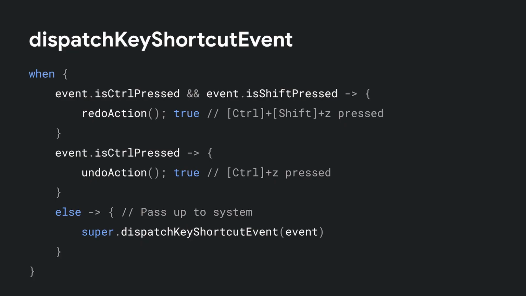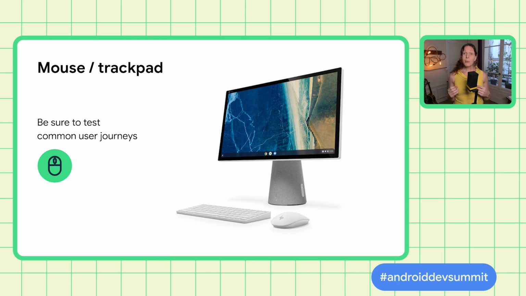If you only wanted to respond to a specific meta key combination, use the flags like meta alt on, or methods like isShiftPressed or isCtrlPressed. Here, I'm doing the undo action only when Ctrl-Z is pressed and the redo action only if Ctrl-Shift-Z is used. Alt is ignored.